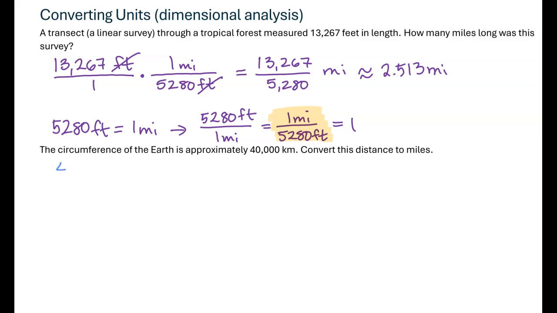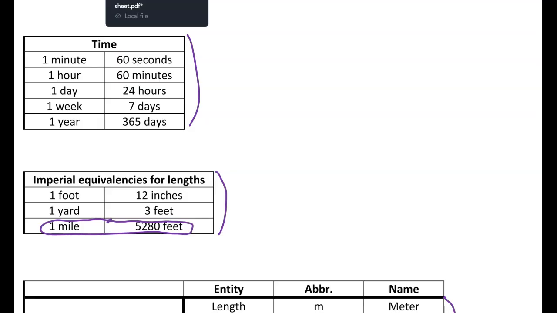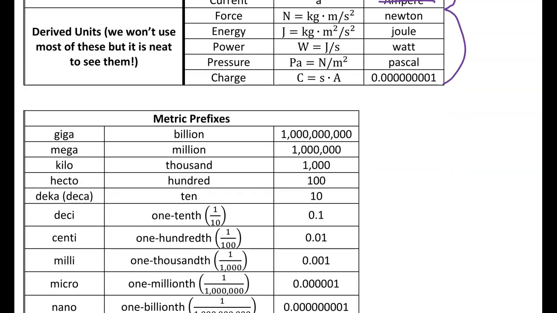So let's start with our 40,000 kilometers. And again, if it helps you line things up, you can always write that over 1. And we need to get from kilometers to miles. So we're definitely going to have to get from metric to imperial. And remember, this is one place that I kind of restricted you with your cheat sheet.